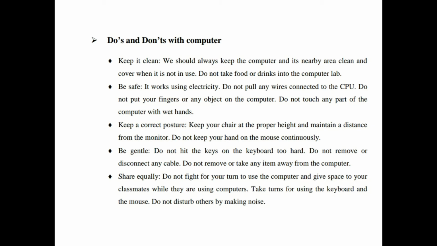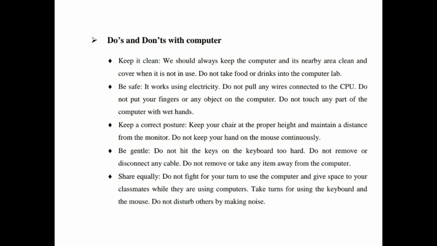We have to put the computer on a table or a chair in a proper manner, that means at a proper height, and maintain a distance from the monitor. For example, if we sit in front of a computer on a stool which is not of proper height, then we can't see the monitor properly, and that may cause eye problems.